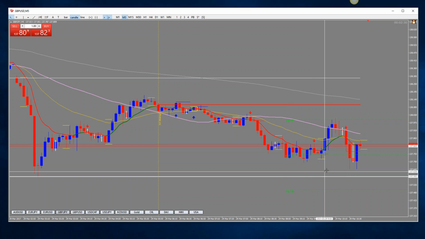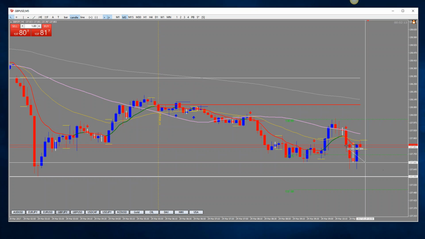Hypothetically, I do still believe that this trade would have been a successful trade in 3 or 4 candles from now. However, taking that trade right now with a 15 or 16 pip stop loss, when you're looking for 3, 4, 5 pips as your take profit, you can hurt yourself.